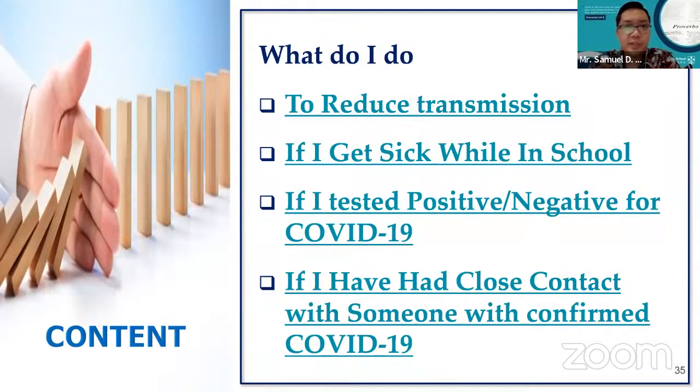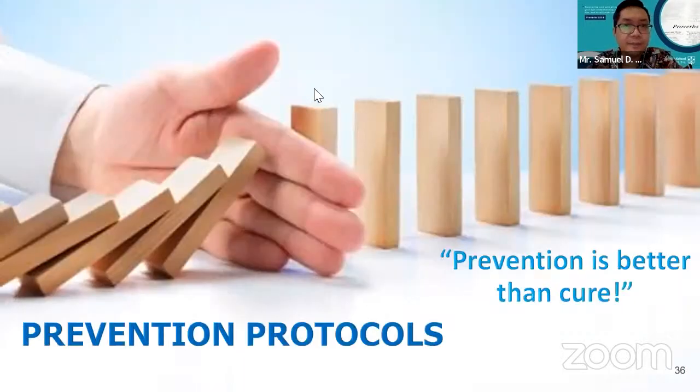I will explain here what I do to reduce transmission: if I get sick while in school, if I tested positive or negative for COVID-19, if I have had close contact with someone with confirmed COVID-19. Again, prevention is better than the cure. So we do everything necessary to prevent contact and transmission of the virus.